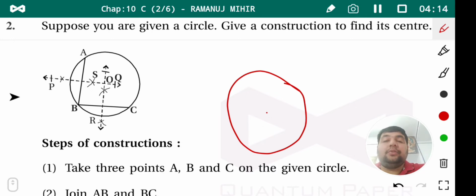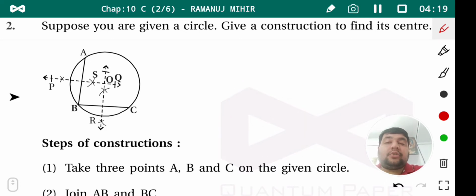So what will we do? First of all, we have to use the statements of the theorems. The theorem says that the perpendicular drawn from the midpoint of the chord, or the perpendicular bisector of the chord, you can use any word, always passes through the center.